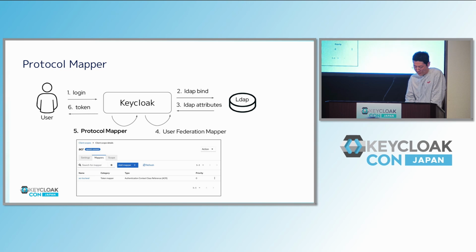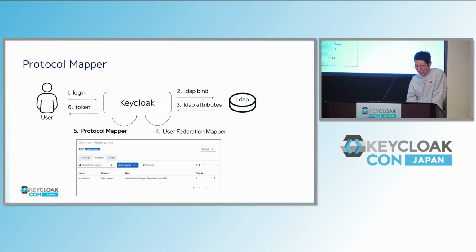Last, protocol mapper. When a user logs into Keycloak and is redirected to an application, Keycloak generates an ID token or access token. So the protocol mapper looks at user information and roles stored in Keycloak and controls which attributes are included in the token and how they are represented.